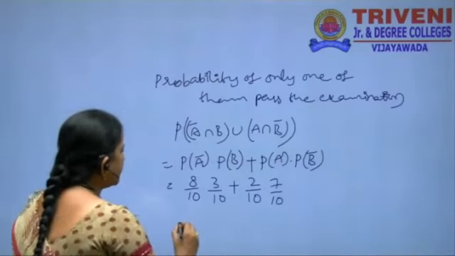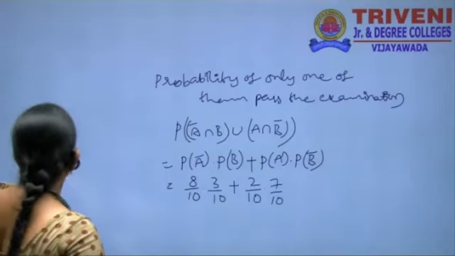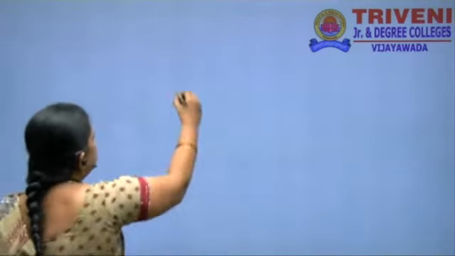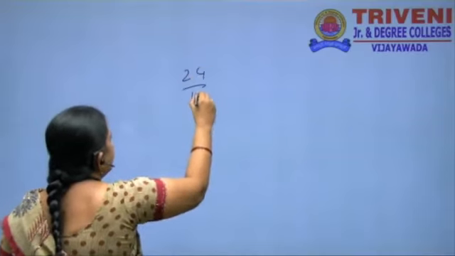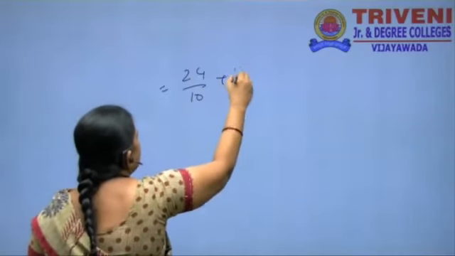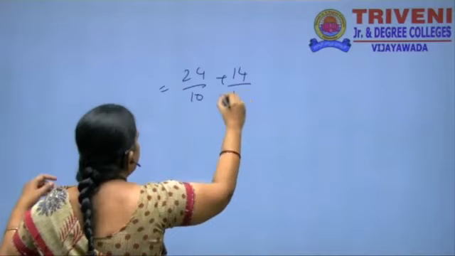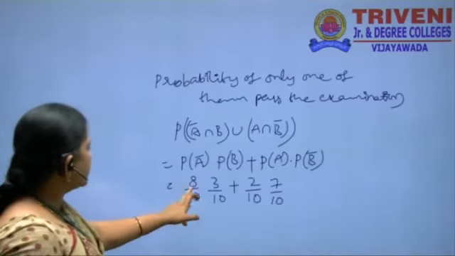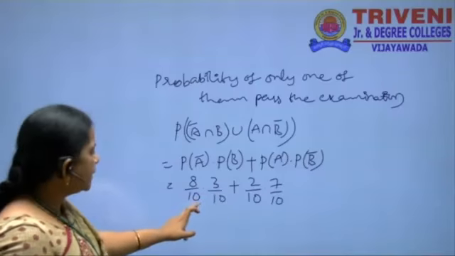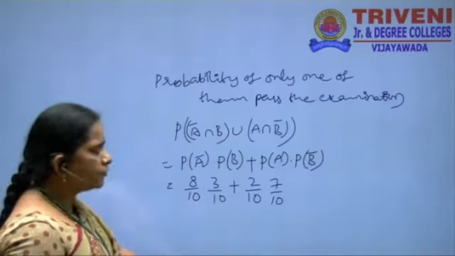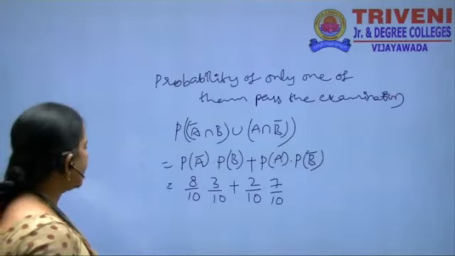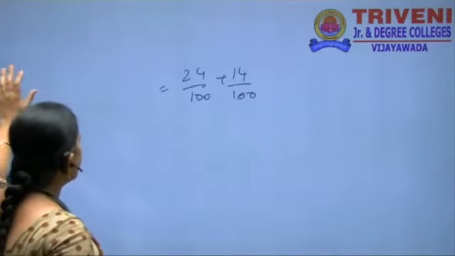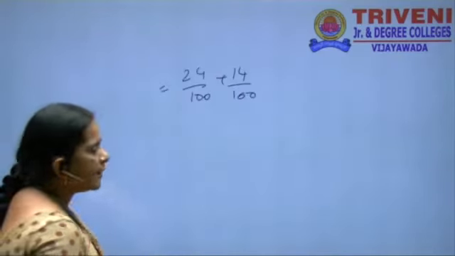Here we get 8 into 3, 24, by 10 into 10, 100, plus 2 into 7, 14, by 10 into 10, 100. So 24 by 100 plus 14 by 100.